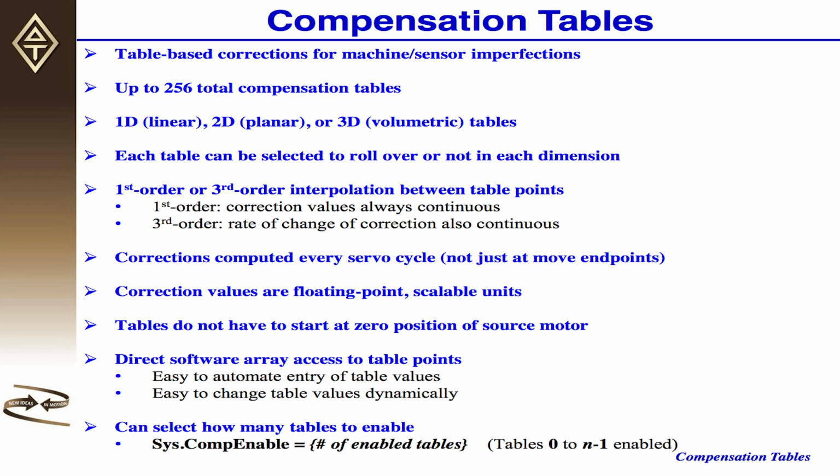And so there's a sys.comp enable structure element. That is the number of enabled tables. So it always enables tables starting at 0 to that number minus 1. So if you set it equal to 5, tables 0 through 4 will be enabled. Typically you'll probably use table 0.